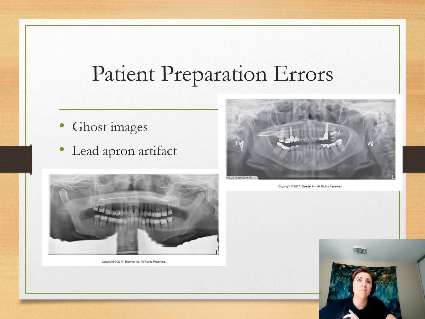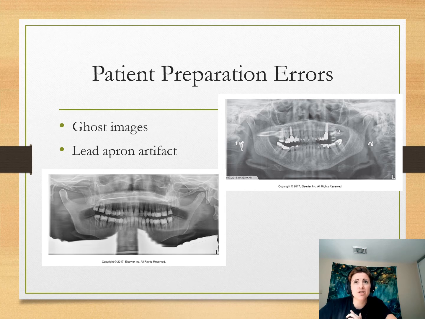Okay, so patient preparation errors means we didn't properly prepare our patient beforehand, right? So in the first one, we see some ghost images, and in the bottom, we see a lead apron artifact. In the top one, you can see that the patient has earrings on their ears, right? And on one side, it looks like the earrings barely showed up, but on the other side, it looks like there's twice as many earrings.